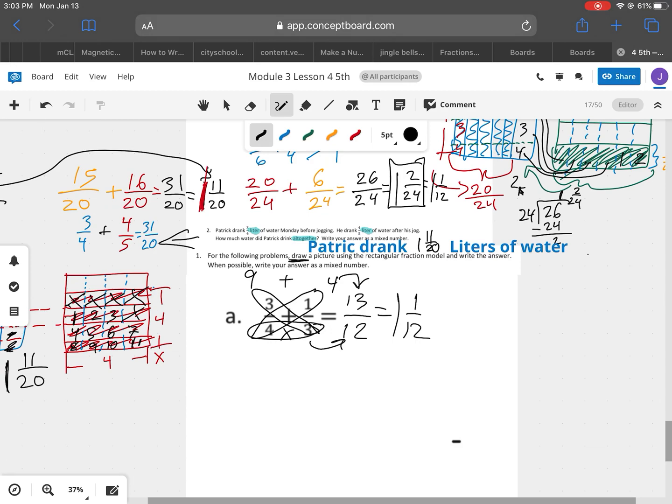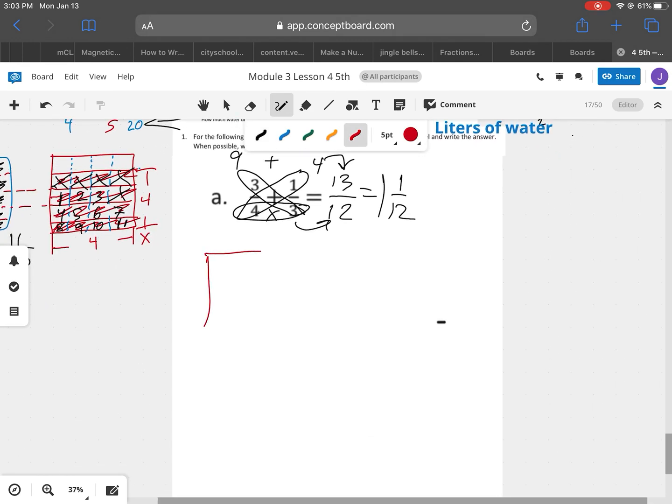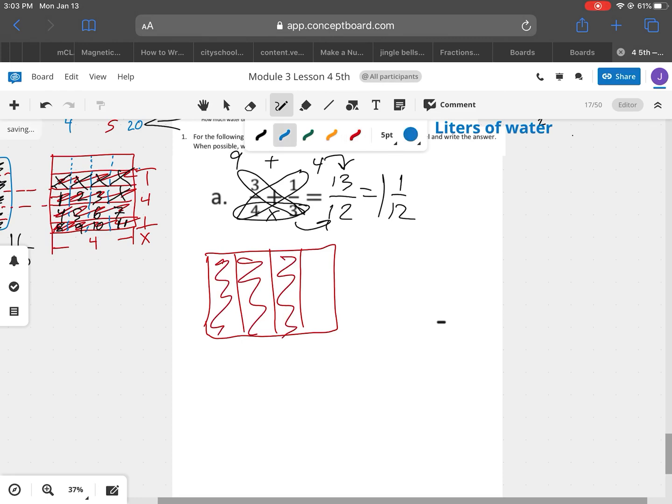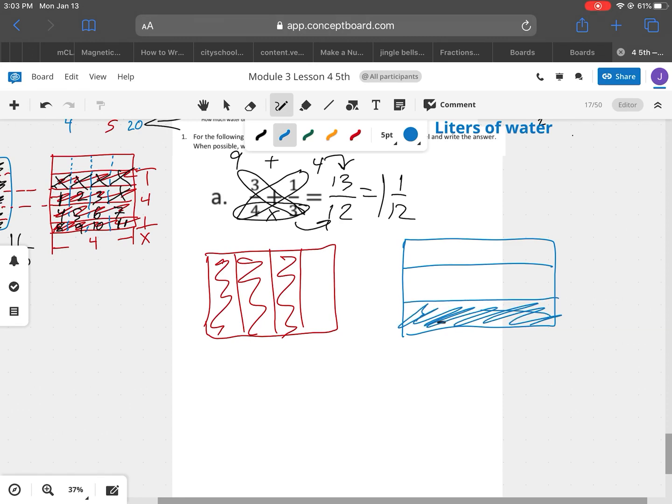All right, so it says draw, so I'm going to draw 3/4. We drew 3/4 already. Yep, we did. And then over here, I'll draw 1/3. And now from here to here, I have 3, and from here to here, I have 3.